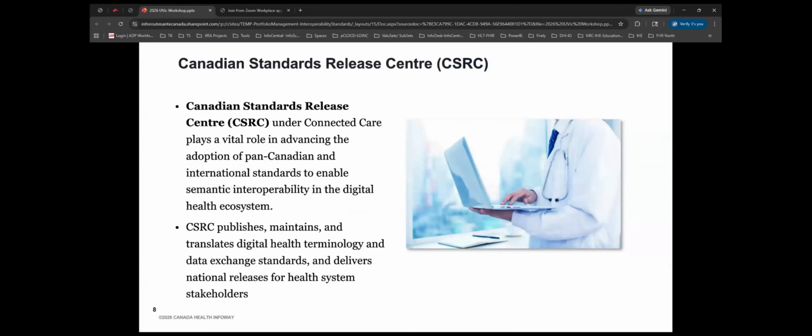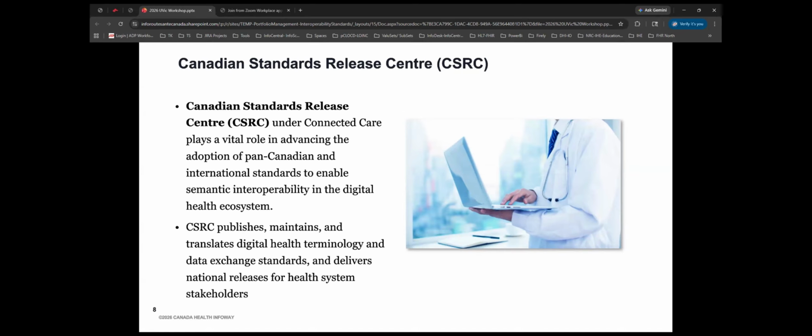Right, so going a little bit more into the Canadian Standards Release Center, or the CSRC. The CSRC is essentially part of InfoWay. The focus is specifically on standards. Our job is to support the adoption of pan-Canadian and international standards, so digital health systems can talk to each other and, more importantly, keep the same meaning when they exchange the data.